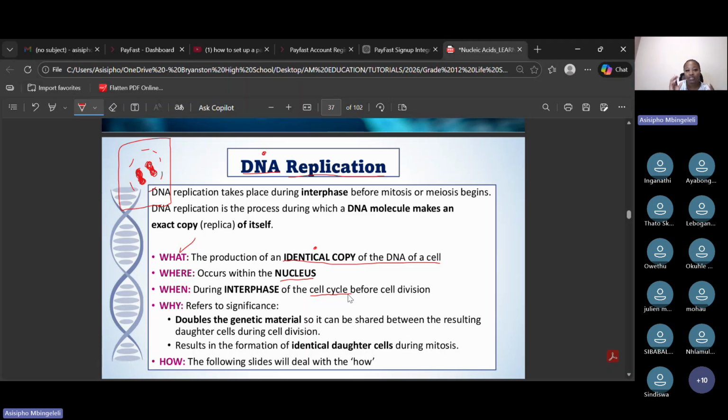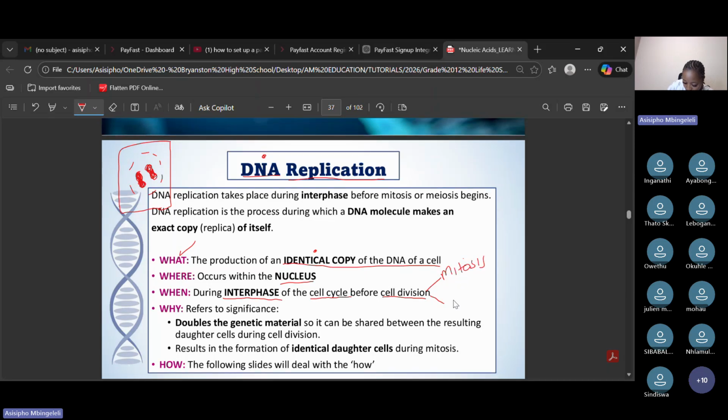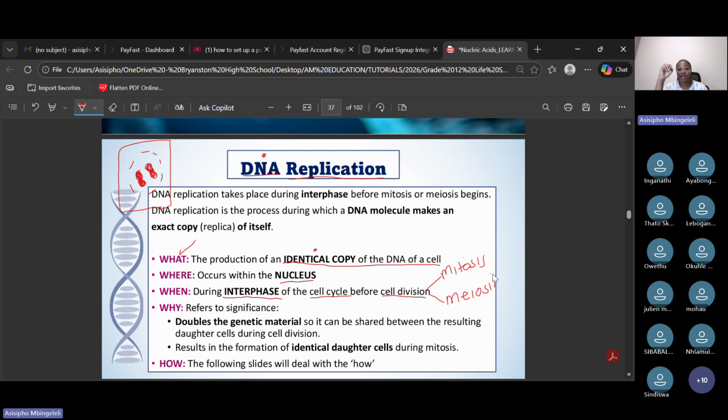One of those stages or phases is called interphase. So just before cell division, and there are 2 types of cell division, you can make a note here: there is mitosis and meiosis. When we speak about cell division, we are speaking about a cell physically dividing to form other cells.